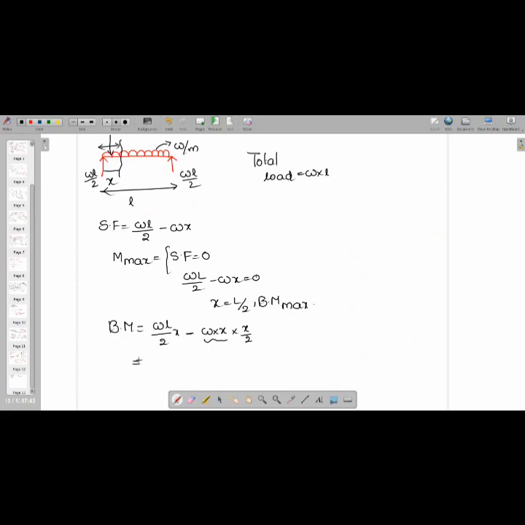If I substitute L by 2: WL by 2 into L by 2 minus W into L by 2 into L by 2 by 2. So this will be equal to WL square by 4 minus WL square by 8, that will be equal to WL square by 8. Actually, you should know all these concepts before solving the problem of balanced section. Clear, sir?